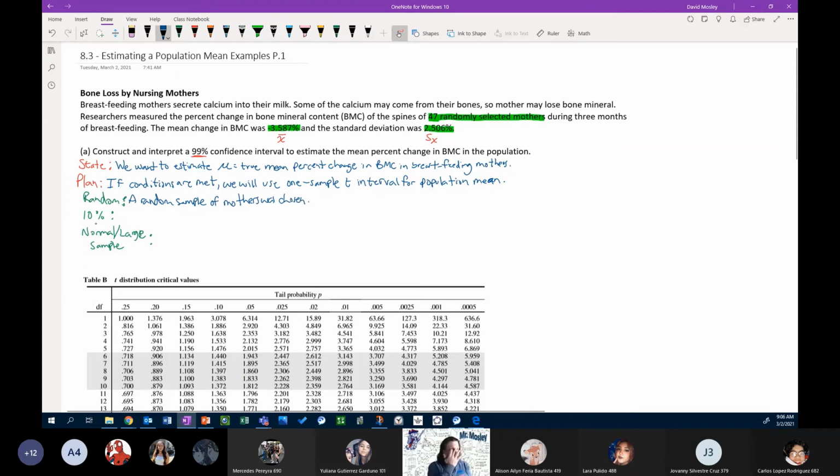Our 10% condition: it's reasonable to say that 47 is less than 10% of the entire population of breastfeeding mothers.